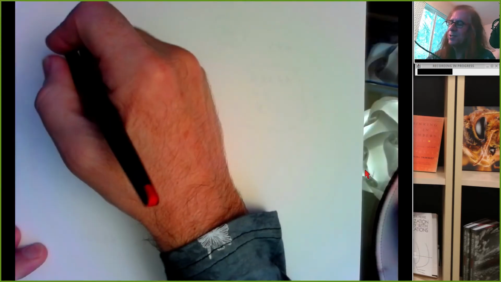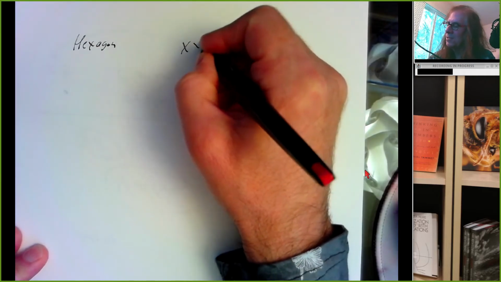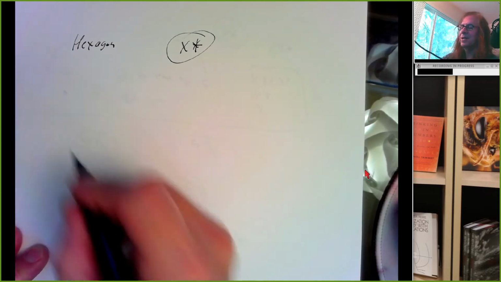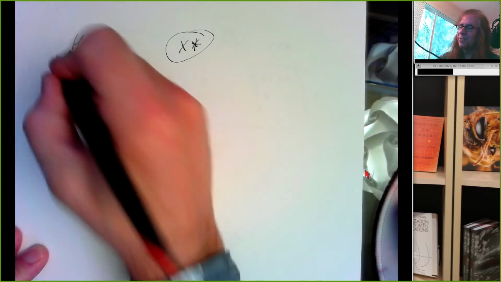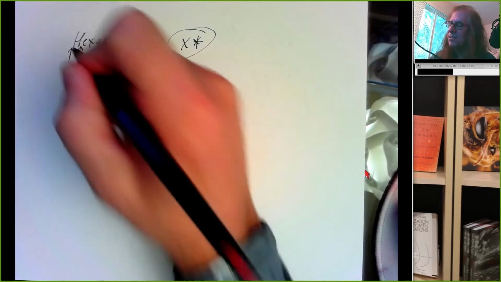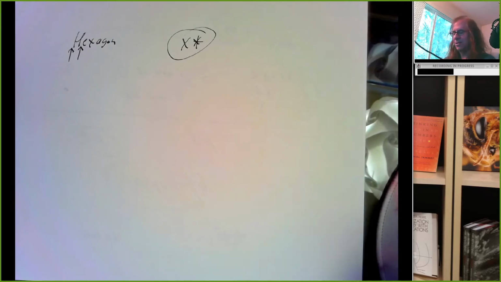So if my input string is hexagon, and I look for an X star, this says 0 or more occurrences of the letter X. Well, right here in the beginning of the string, I have 0 occurrences of the letter X, so my pattern matches that. And right here, between the H and the E, I have 0 occurrences of the letter X, so this pattern matches that also. And this pattern will match basically everything in my input string. And so it's kind of being over-aggressive.